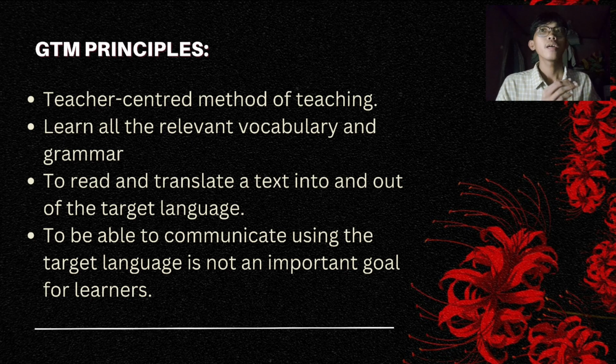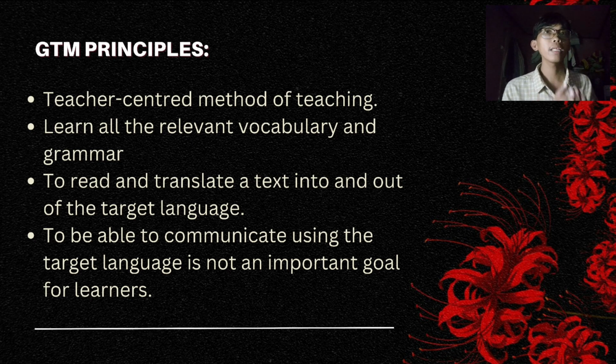All right? Learners need to be able to read the literature written in the target language and learn all the relevant vocabulary and the grammar from that literature with their target language.